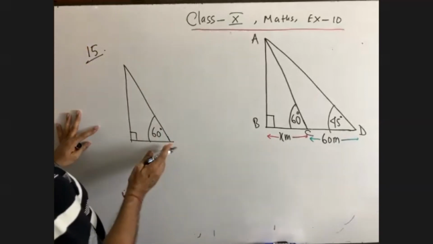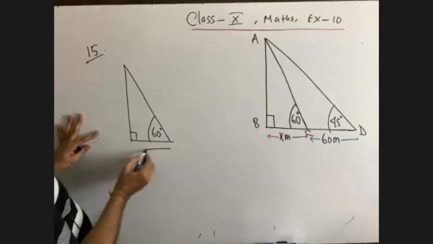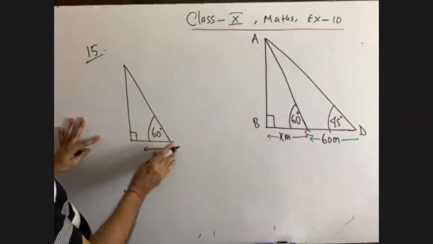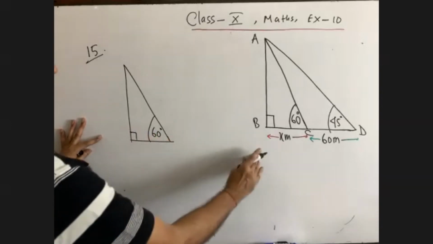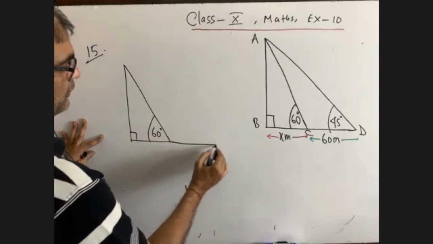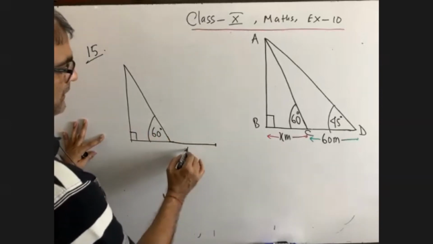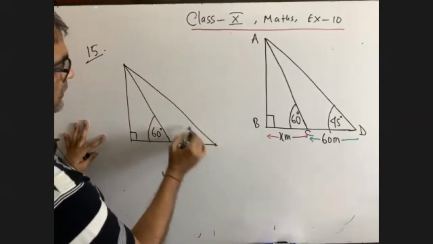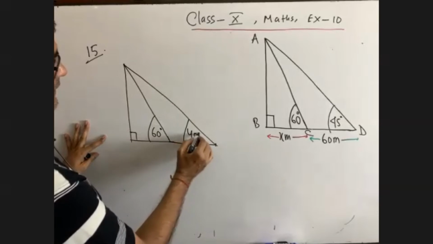If it comes in this direction, then the angle will be 60, 70, 80, 90. Okay, 45 degree means what? It is a backward direction. So it will be 45 degree here. If it is 60 meter, then the angle thus formed here will be 45 degree.